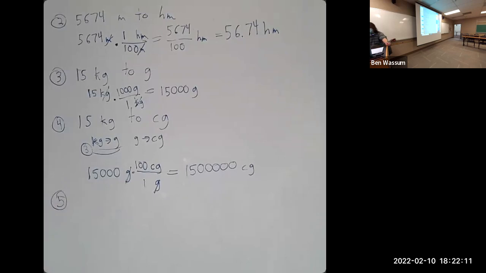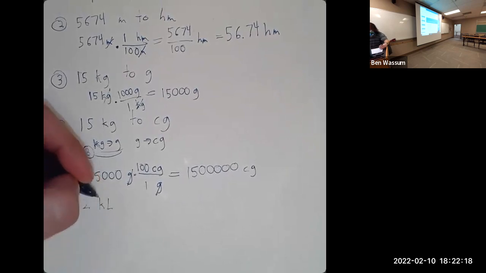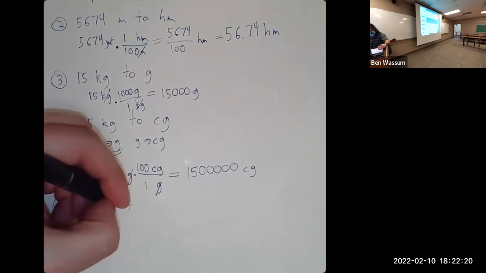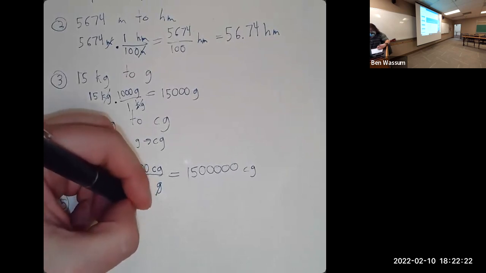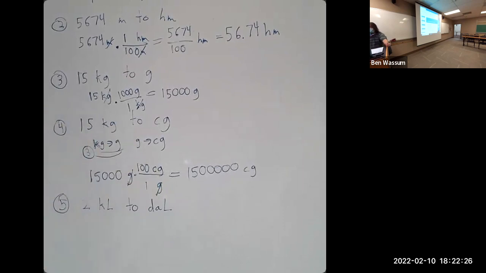All right, well, let's look at number 5. Number 5 is 2 kiloliters to decaliters. I don't remember what that is. 1 deca is 10.